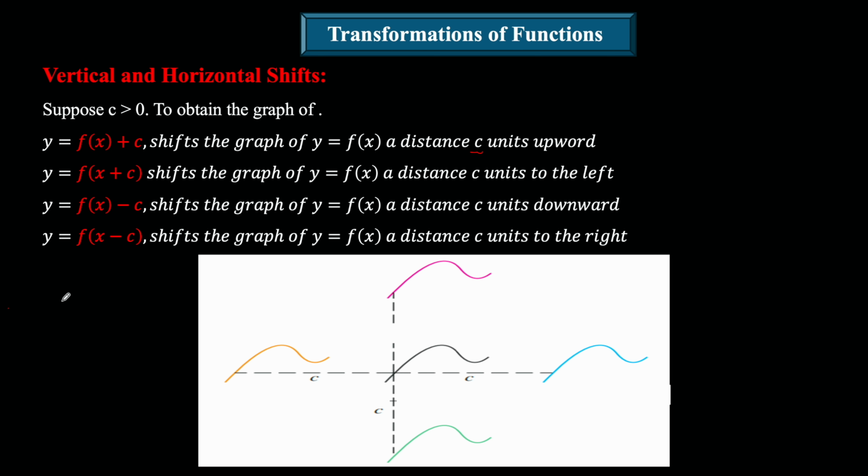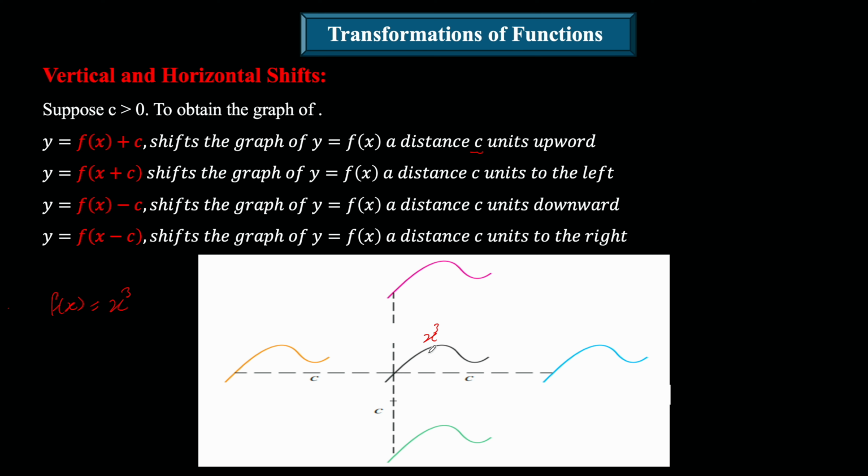So let's say that f of x is equal to x to the power 3, okay? So f of x is here, x to the power 3. Let's say this curve is the graph of x to the power 3. This is the original graph.